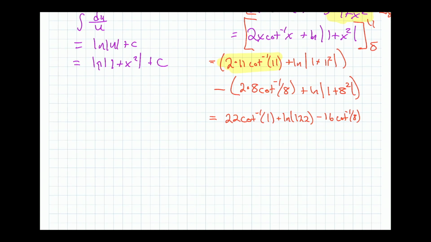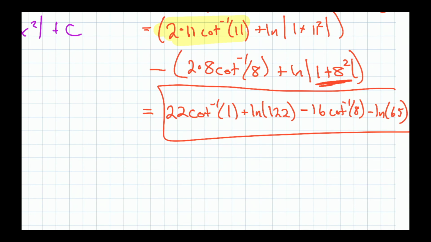And then you've got a plus, no, minus because of the minus. The natural log of, what is that? So right here, 64 plus 1, so 65. Like that. And maybe they write it in a slightly different way in the answer, but something like that.